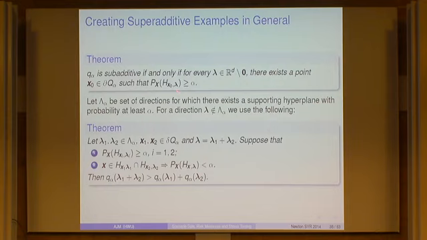So I've defined a set of directions for which there exists a supporting hyperplane with probability at least alpha. If you can find a direction lambda which isn't in that set, then this is formally the construction you use to create a superadditive situation. I think you probably have to go through that slowly to see it, but that just formalizes what you do. But the picture tells you what you do.